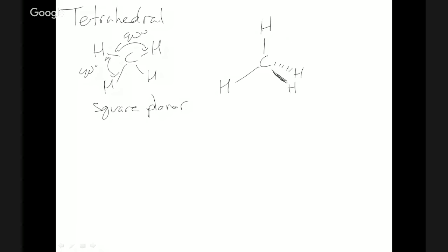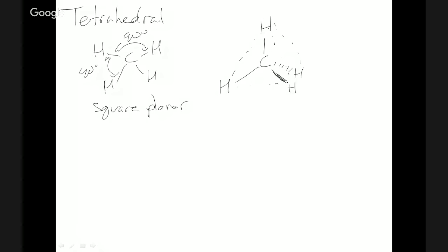And the hydrogens, if we connected these, would form the points of a tetrahedron. Okay, it's like a pyramid, but all the 4 triangles are perfectly identical in size. So it's a tetrahedron. You can Google tetrahedron. You can look at shapes. There are examples in the book that show this in 3 dimensions pretty nicely, and you can take a look at those.